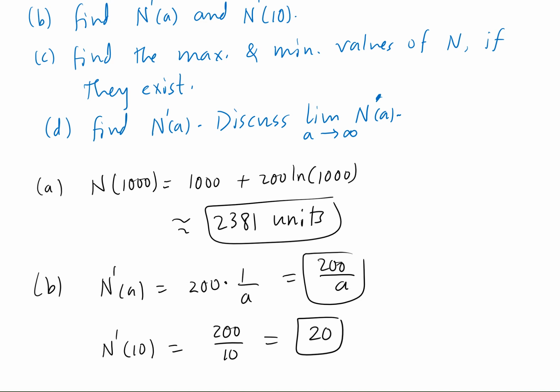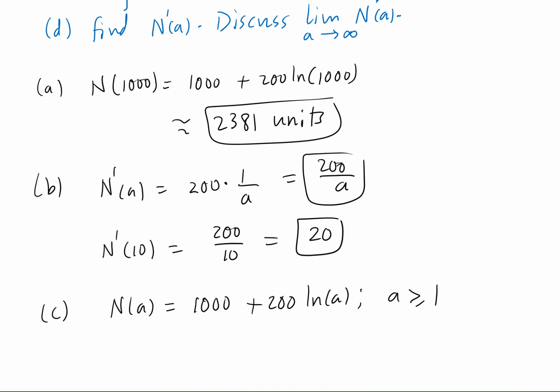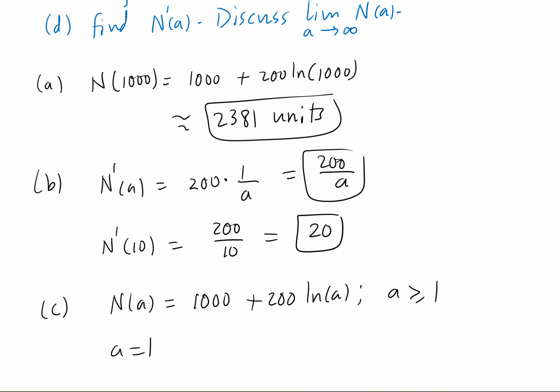Part C, find the max and minimum values of n, if they exist. So again, n of A was 1000 plus 200 natural log of A, and it was given A bigger than or equal to 1. So if you take A equals 1, that's the smallest value you can pick.